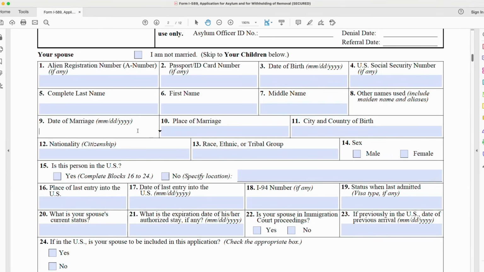And for question 10, write where you got married. For question 11, write the city and country where your spouse was born. For question 12, write your spouse's nationality. And for 13, write their race, ethnic, or tribal group. For question 14, select your spouse's sex.